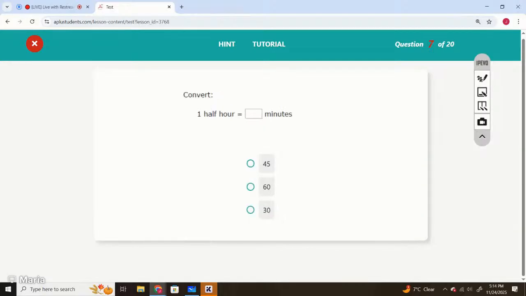Option number 3 is the correct option. 1/2 hour equal how many minutes? One half hour equal 30 minutes. Option number 3 is the correct option.